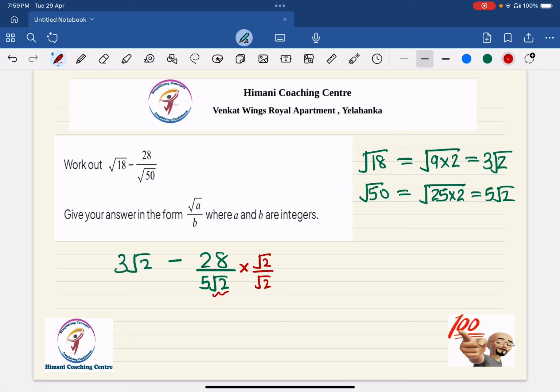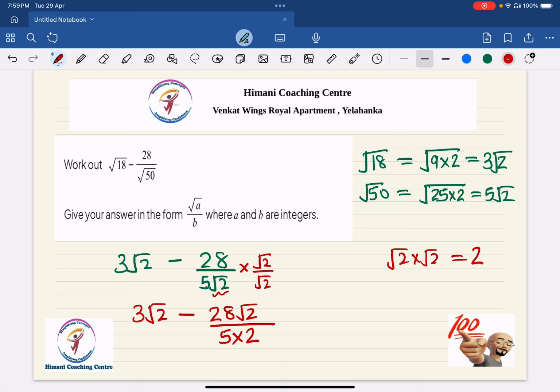Let us do that. We will have 3 root 2 minus 28 root 2, because 28 into root 2 is that, divided by 5 into root 2 into root 2. Now see, root 2 into root 2 will give us 2. So this becomes 5 times 2.